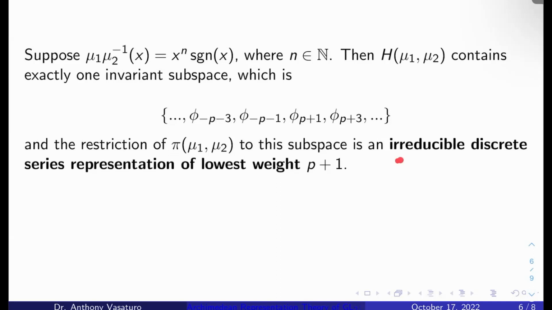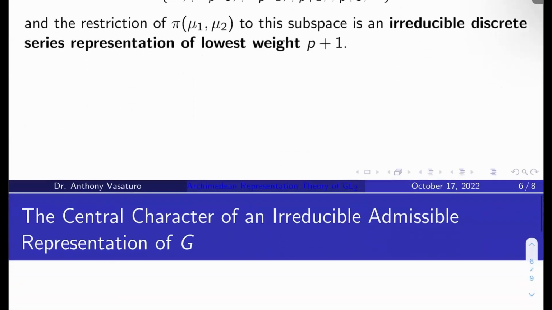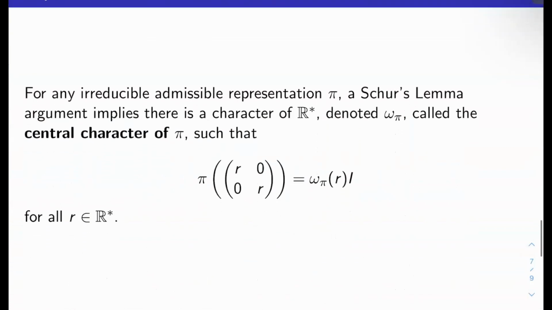And we call it the irreducible discrete series representation of lowest weight p plus 1. Okay, so even when we're considering the situation where this representation induced by the character mu1, mu2 is reducible, we sort of have a handle on what the invariant subspaces are. We have a handle on what the irreducible subrepresentations are. They're just these discrete series representations.